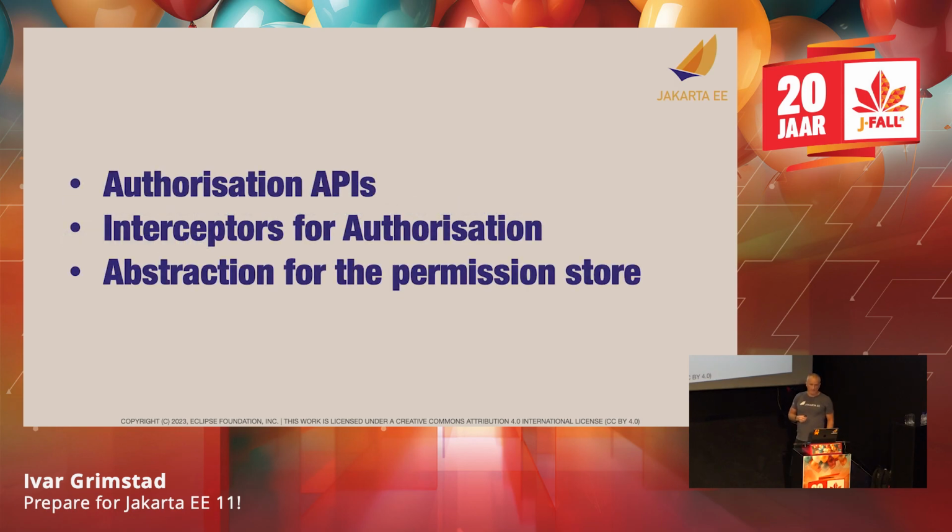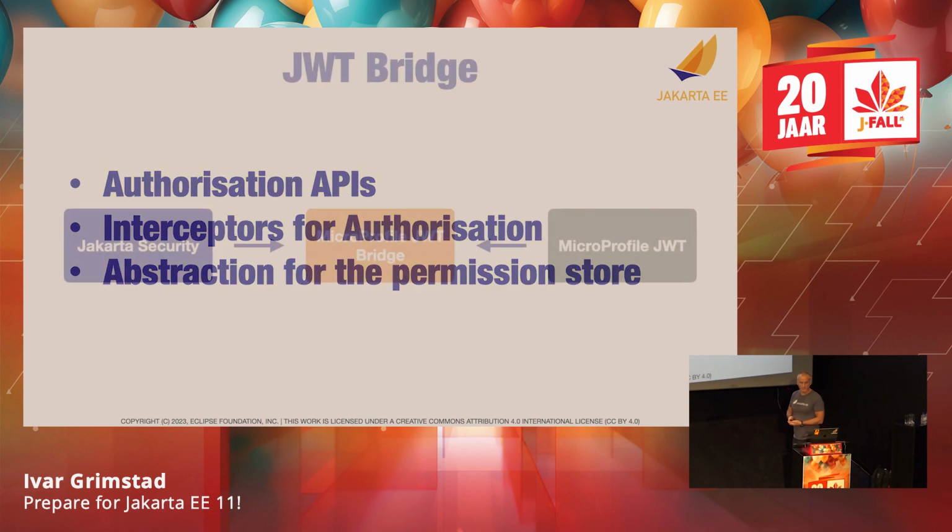They're also doing some work with the lower level SPIs, like authorizations and interceptors for authorization, and abstraction of the permission stores. It's nice that they do it because it's easier for the implementers, but for us, it doesn't really matter because we're not affected by it. It just gets clearer, easier for developers.